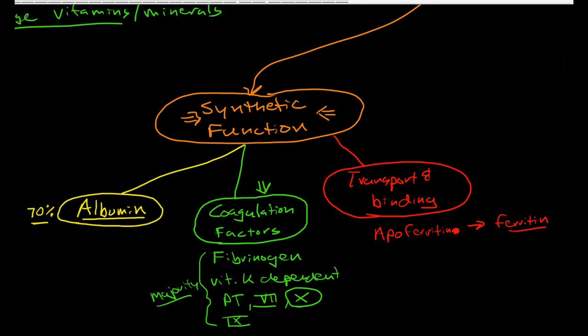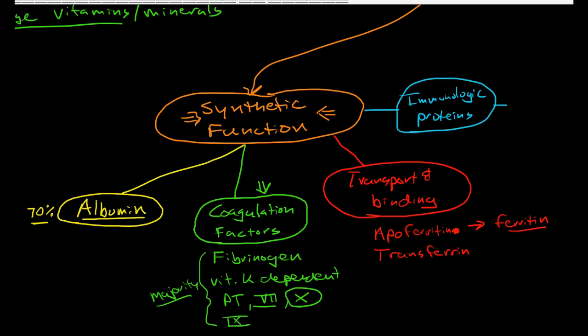And then a similar one is transferrin, that allows for the transport of iron in the body. And then we have immunologic proteins, and that includes all of the complement proteins and many of the proteins in the kinin-kallikrein system.